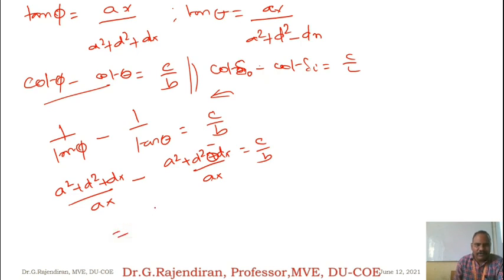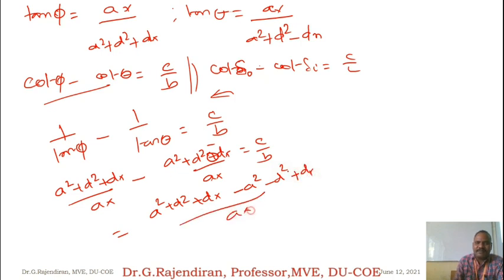So what do you get? A square plus d square plus dx minus a square minus d square plus dx, divided by AX, is equal to C by B. So we can get two dx over ax, that is 2d over a is equal to c by b.